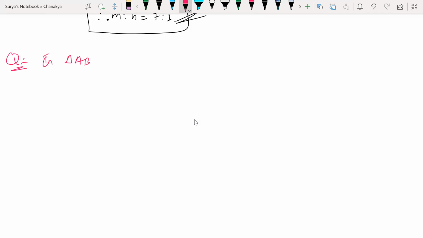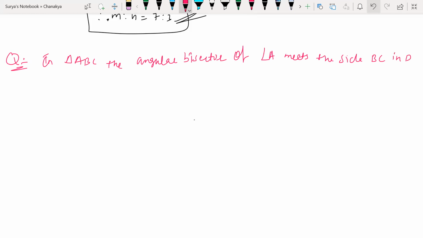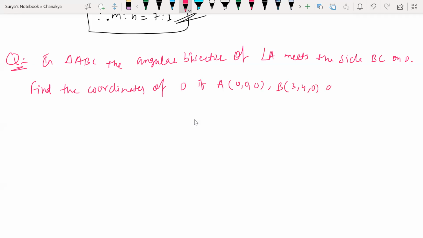In triangle ABC, the angular bisector, a very good concept, the angular bisector of angle A meets the side BC at D. Find the coordinates of D, if A is given as 0, 0, 0, B is given as 3, 4, 0, and C is given as 0, 12, 5.